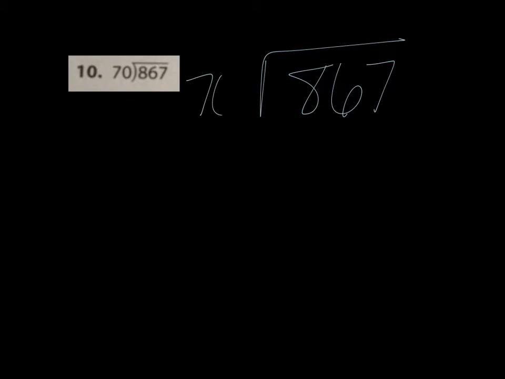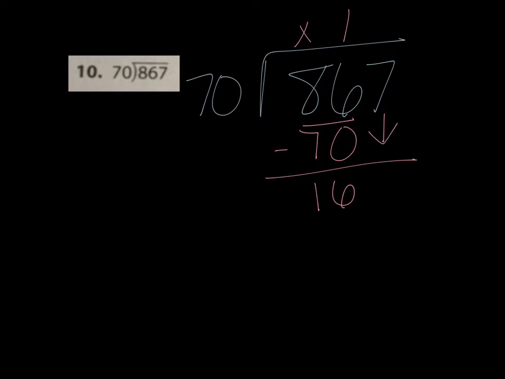Our next sample is 867 divided by 70. 70 cannot go into 8, but it can go into 86 one time. 1 times 70 is 70. Subtract and you have 16. You can bring down your 7.